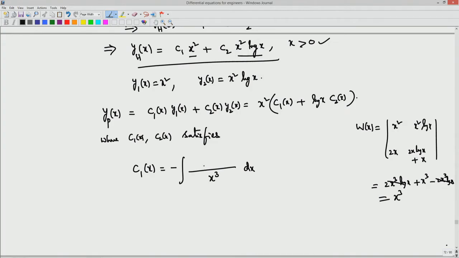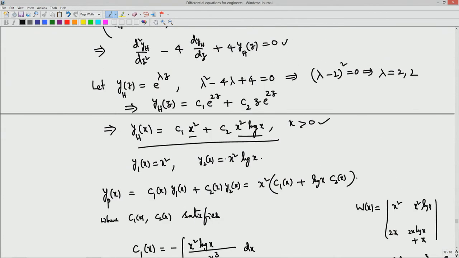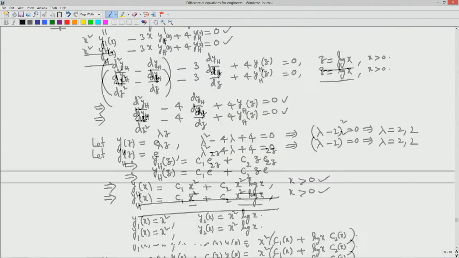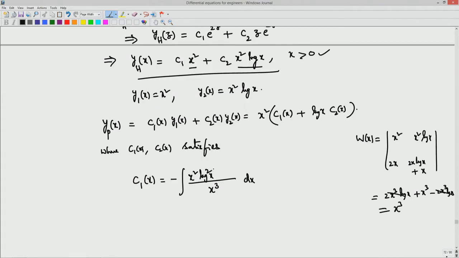So c1 of x has y2 equal to x square log x, and f of x, from the given equation, is log x. So you have the integral of log x square by x dx, and this should be your c1 of x. What is c2 of x? c2 of x is the integral of y1 f by W, that is x square by x cube times log x, dx.